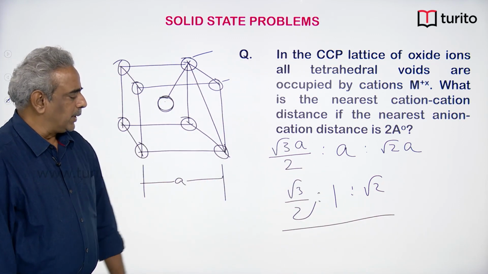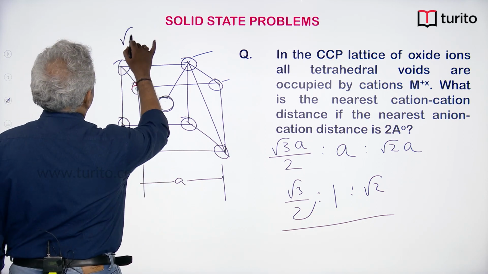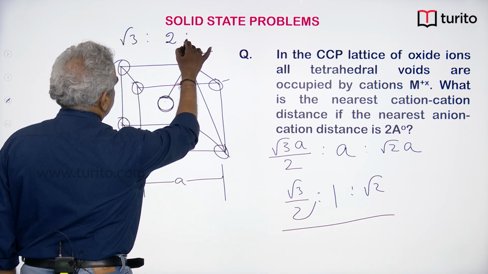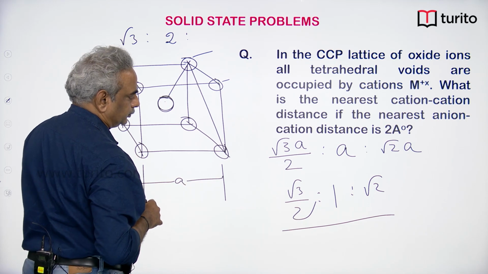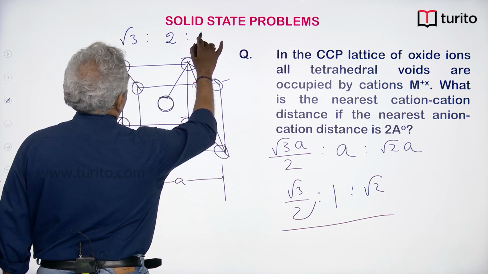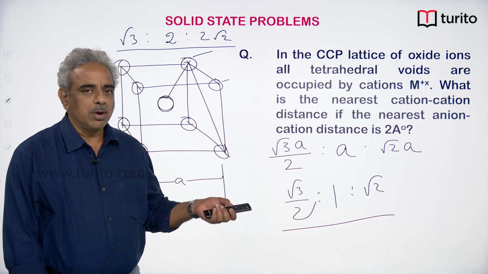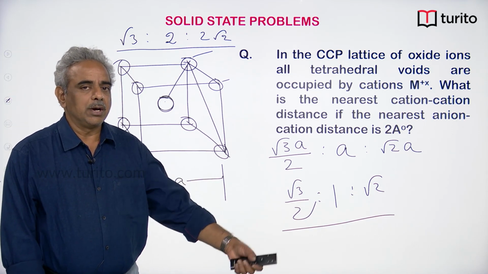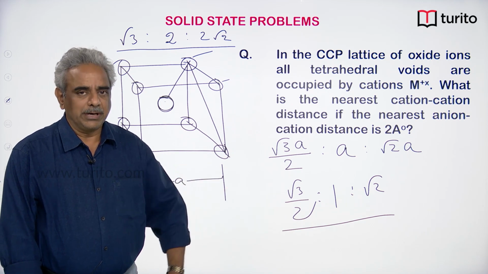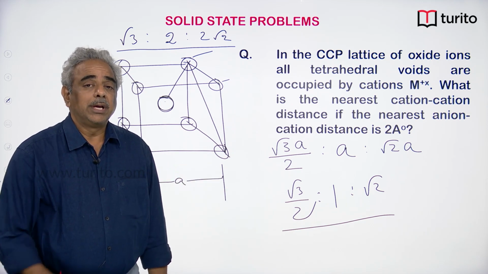If you multiply with 2, you will get root 3 is to 2 is to 2 root 2. This is the first interatomic distance, second interatomic distance, third interatomic distance ratio in a BCC.